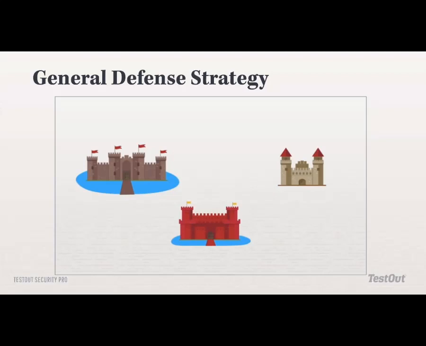What's this? Castles? What are they trying to show us? One's got no moat, one's got a medium-sized moat, the other one's got a big old moat. So what type of security is this? Physical security. Good.